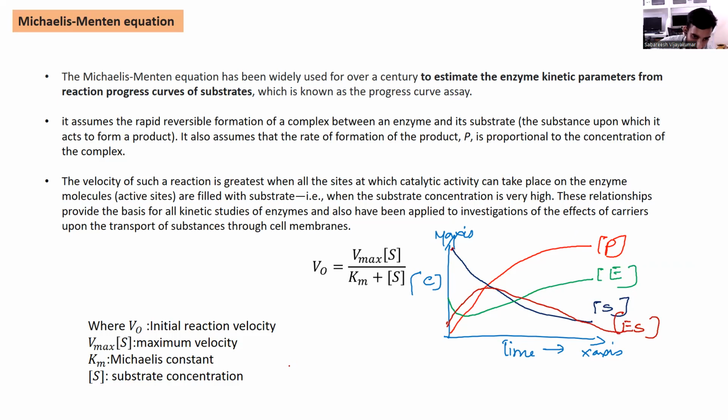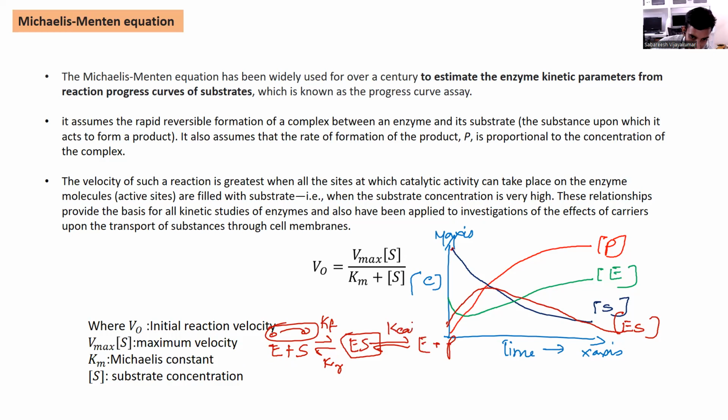So if you look at a simple equation, we can represent this also. The enzyme plus substrate, when it is in equilibrium, this is the forward rate of reaction and this is the reverse rate of reaction. The enzyme and the substrate together form a complex, which will finally disintegrate to form enzyme plus product.